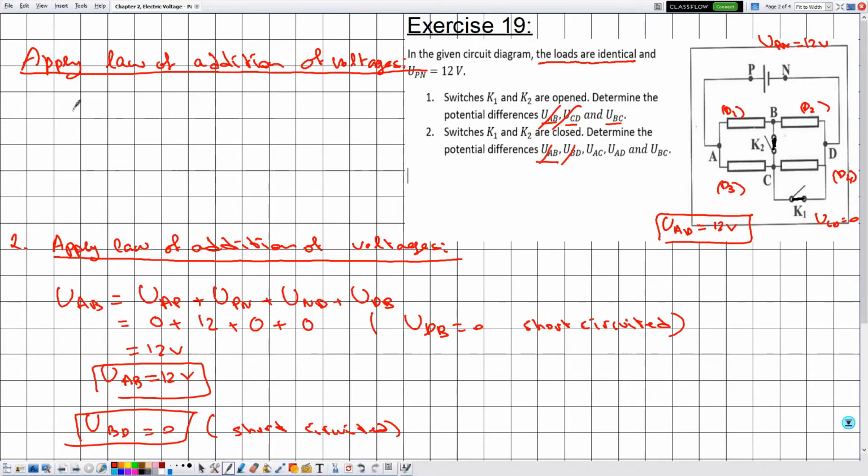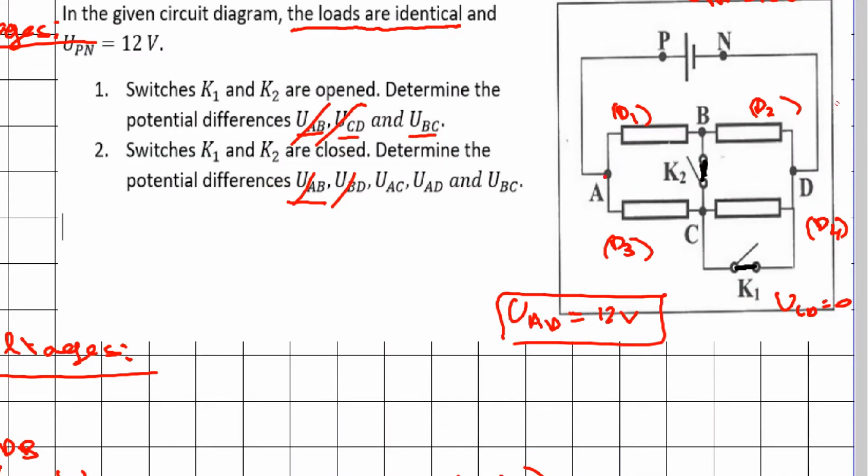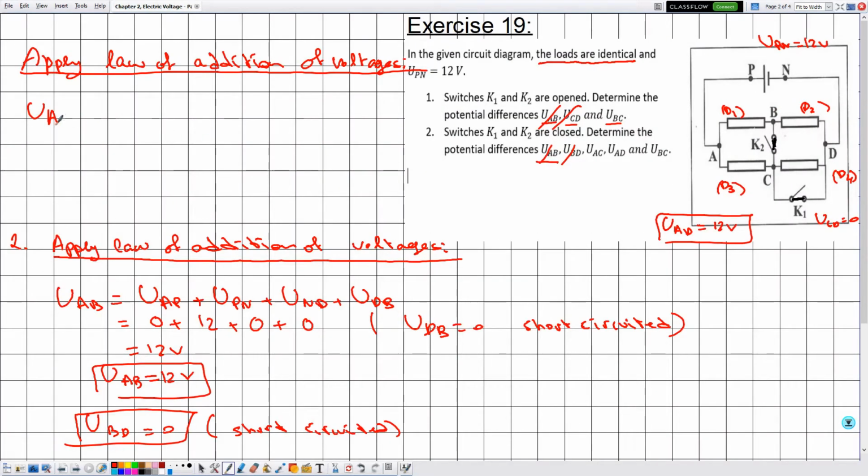From A we will go to P, or let's choose another easier path, the shortest path from A to B and B to C. So UAB is equal to 12, previously calculated, UBC is equal to 0, and the reason is that UBC is 0 with the switch closed. So this is equal to 12 volts, then UAC is equal to 12 volts.